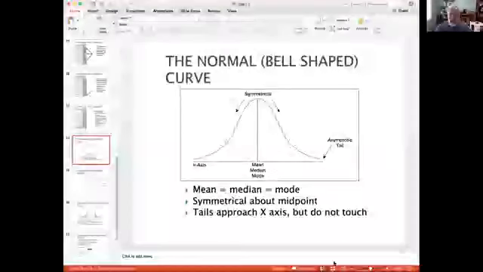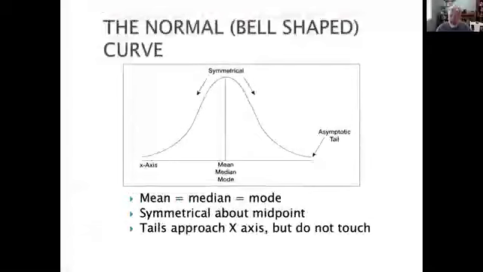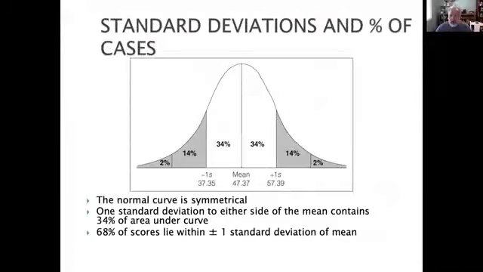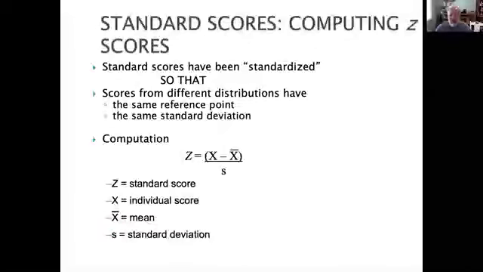Okay, so, where'd you go? Okay, so here's the normal curve. This kind of gets back to what we're talking about. There you go. That's what that looks like. Those standard deviations.